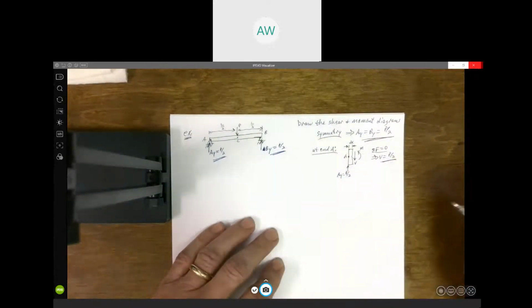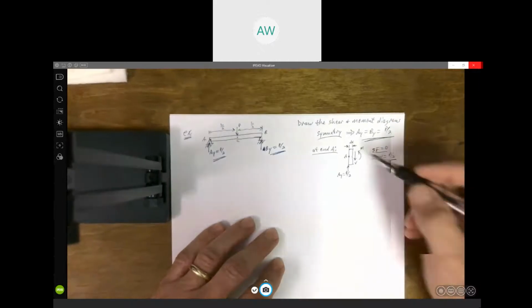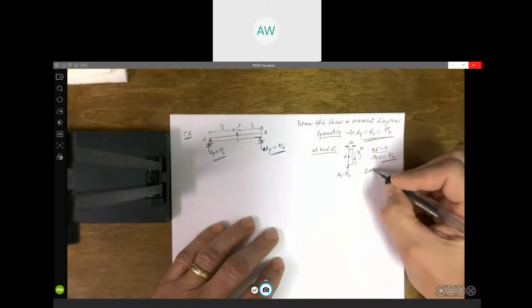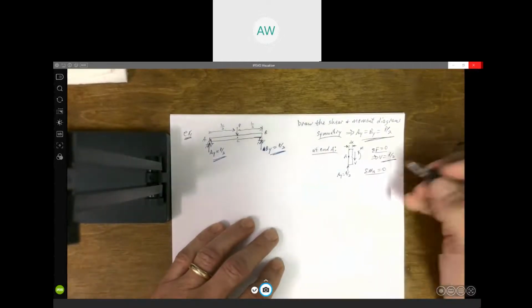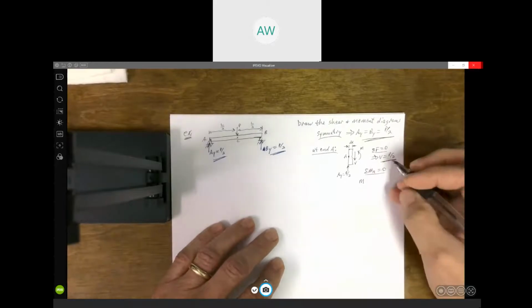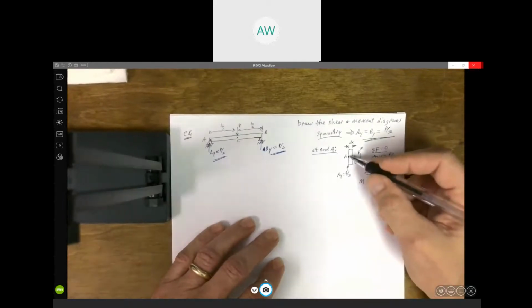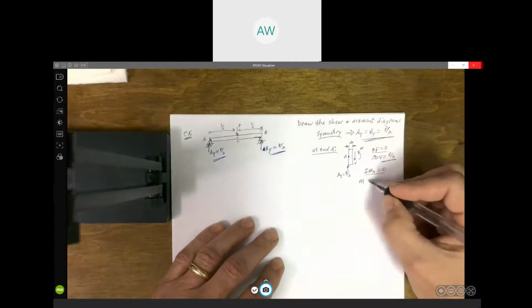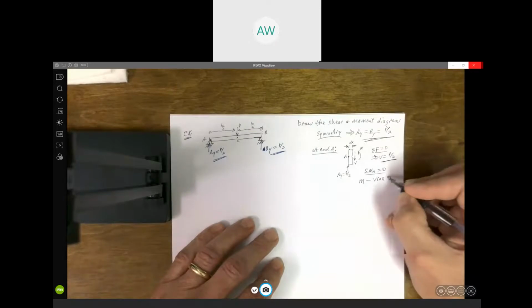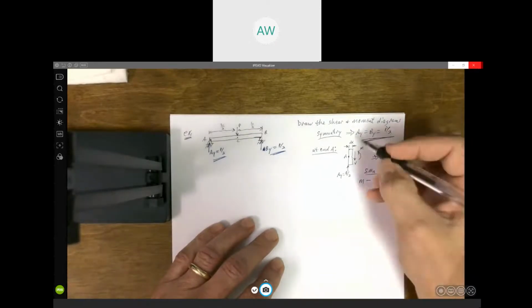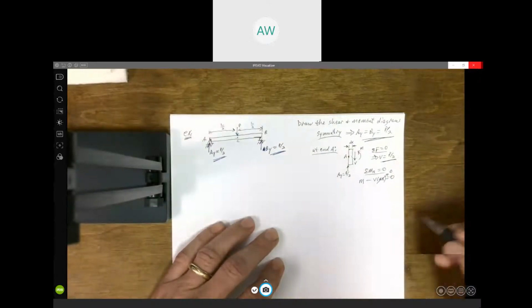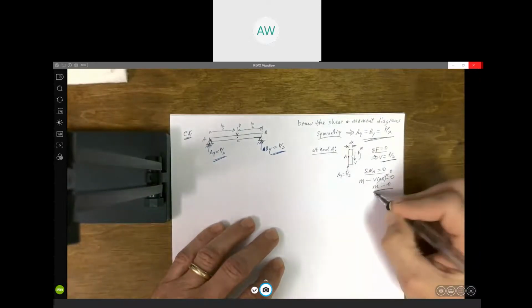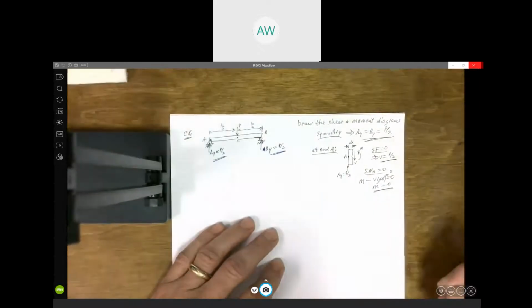And if you sum the moments about point A, you'd have M, AY goes through A, and then minus V times dx. But if dx is infinitely small, that's essentially 0. So the moment's going to be 0, always at the end of the beam.